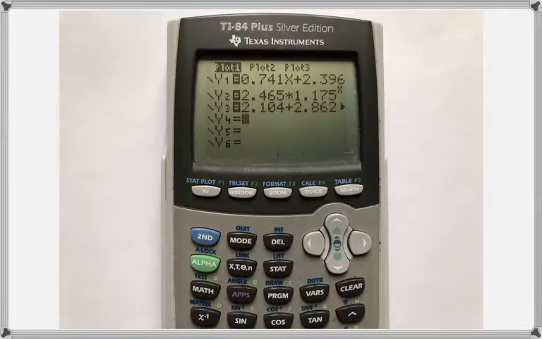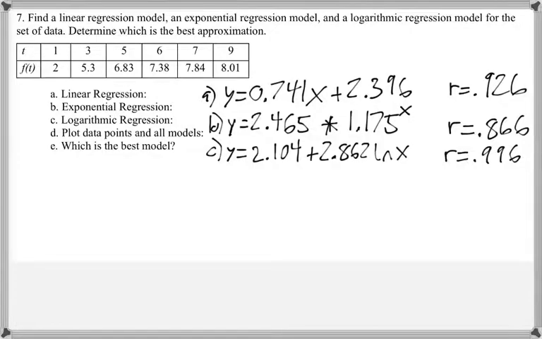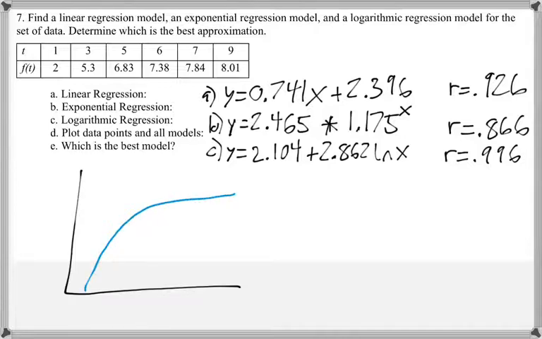So let me go back and sketch my graph. Again, your graph doesn't need to be perfect.